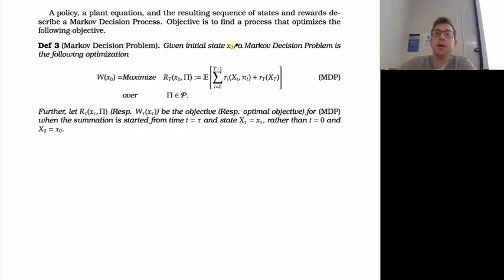So here, if we're given an initial state x0, a Markov decision problem is the following optimization, where we maximize the sum of the rewards, R of t, of the states and actions, sum from time little t to capital T, and then the reward you get at the last time. So we sum up all the rewards and look at the expected value of those. So we're looking at the expected reward of some policy pi, and we want to maximize that over all the policies that I can take.